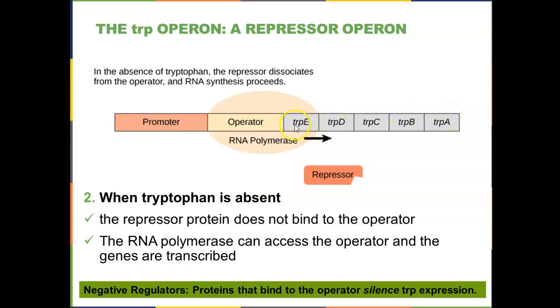So what we'll get is a messenger RNA coming off of here that has a start codon somewhere along the way here to begin translating into a protein, a stop codon here. There'll be another start codon here, another stop. So even though this is one piece of messenger RNA, it'll have 5 different spots that can be translated by ribosomes. So it'll produce 5 discrete proteins. So a very nifty little system.